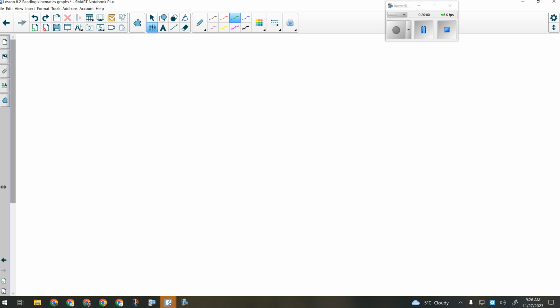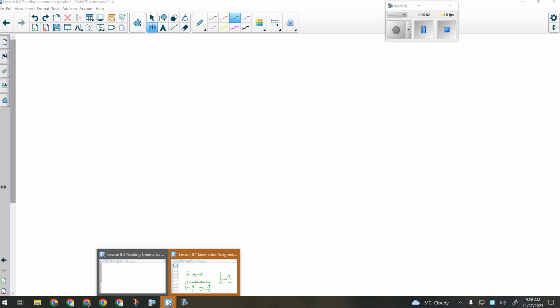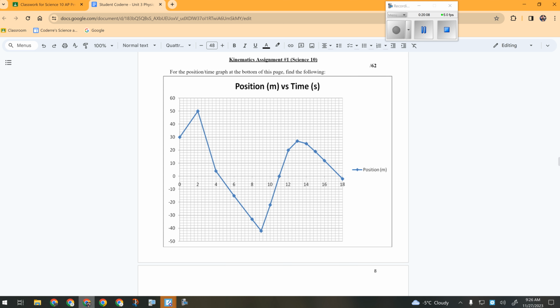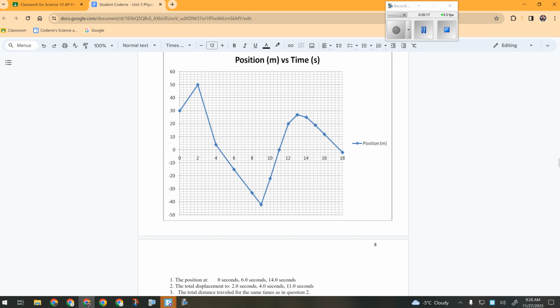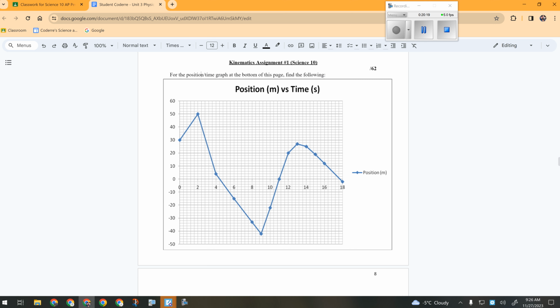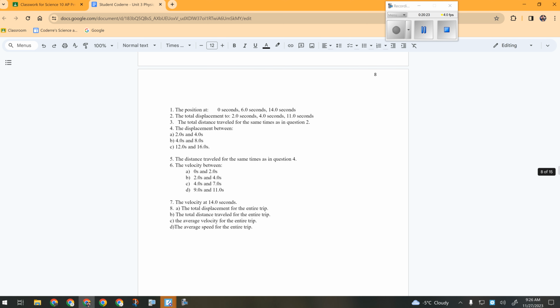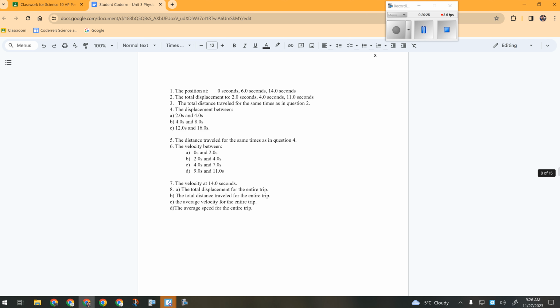All right, so what I would like you guys to work on is page 7 of your digital workbook. You'll find this thing that says kinematics assignment number 1, and it's got this position versus time graph, and then if you scroll a little bit further, there's some questions to do with that.